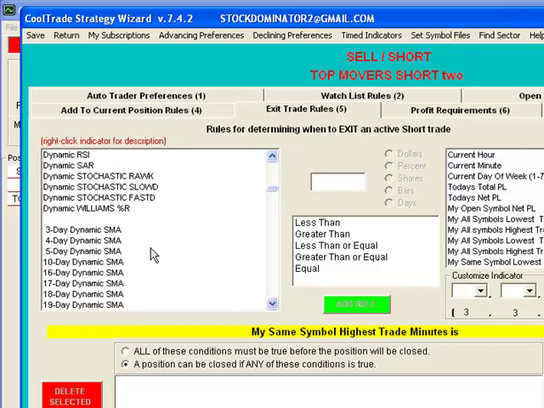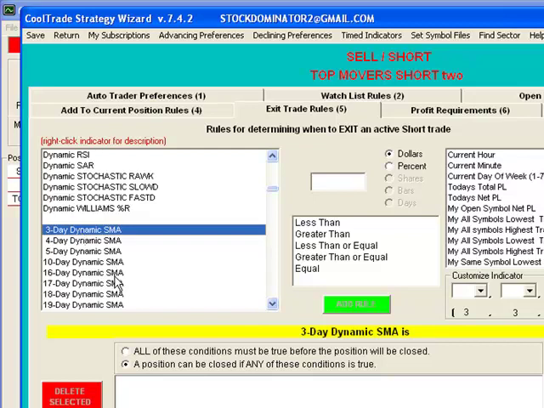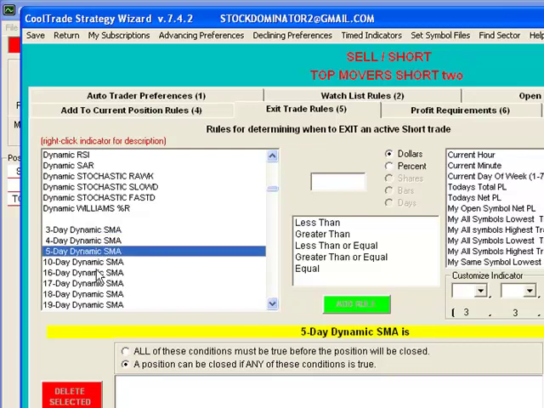A lot of these strategies look at different combinations of moving averages, comparing maybe a 3-day moving average to a 5-day moving average, a 5-day to a 10-day. Those indicators will be used to show that a stock's been trending upwards or downwards over a certain time frame.